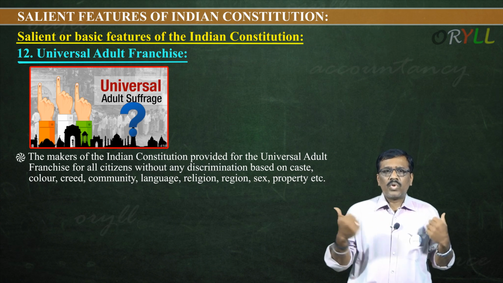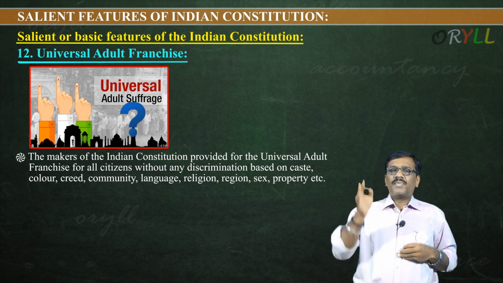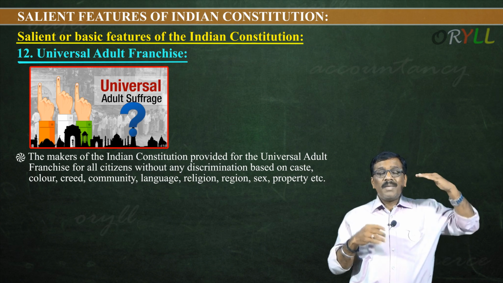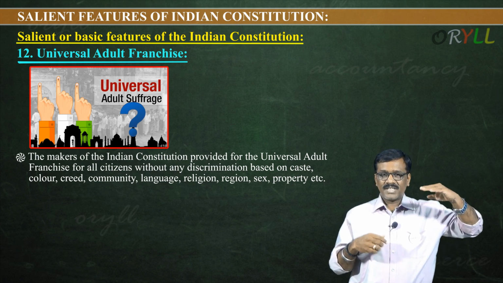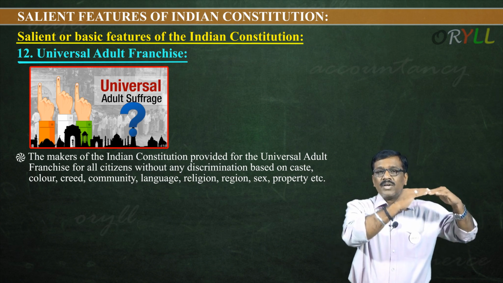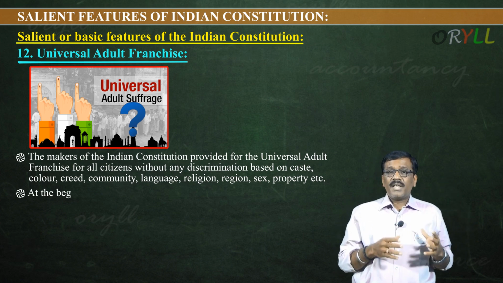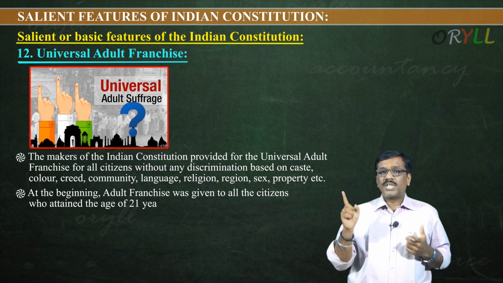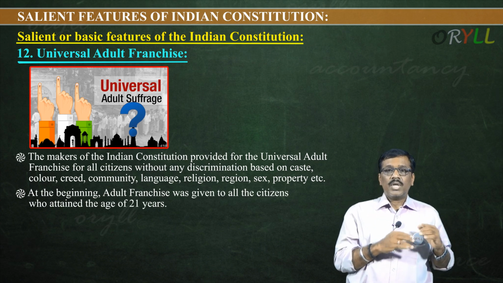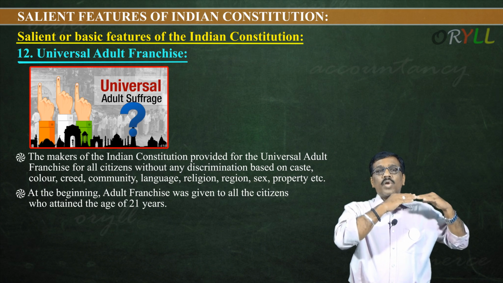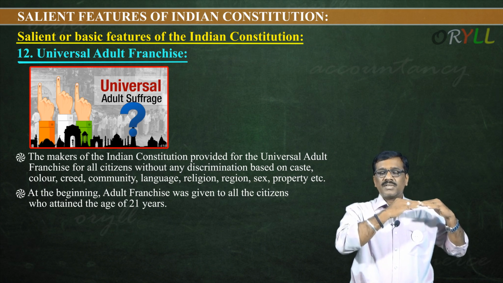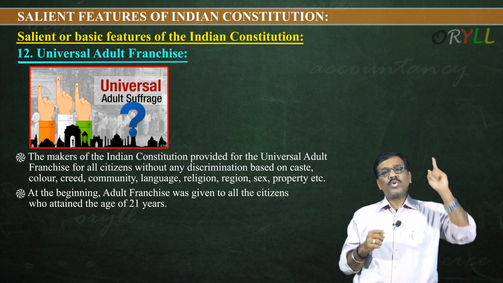Irrespective of anything, everybody has this universal adult franchise, which means it is only based on age. Understand? When you become an adult, you are eligible to exercise your voting right. At the beginning, adult franchise was given to all the citizens who attained the age of 21 years. They thought whoever attains the age of 21 has attained adulthood and is now eligible to vote.